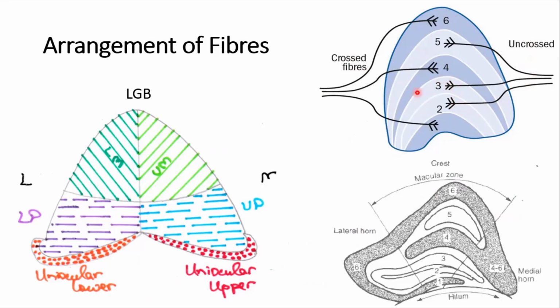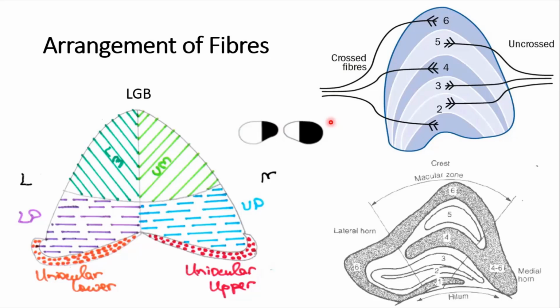Now, say for example, we have a lesion in the lateral geniculate body. The entire lateral geniculate body is gone. We'll have a field effect similar to what we had in the optic tract, that is the contralateral homonymous hemianopia, because only those fibers are there on the left side now.